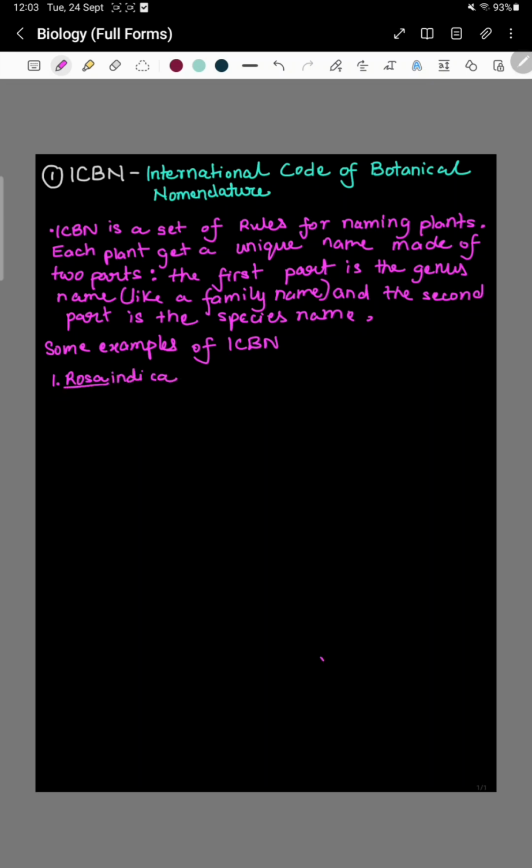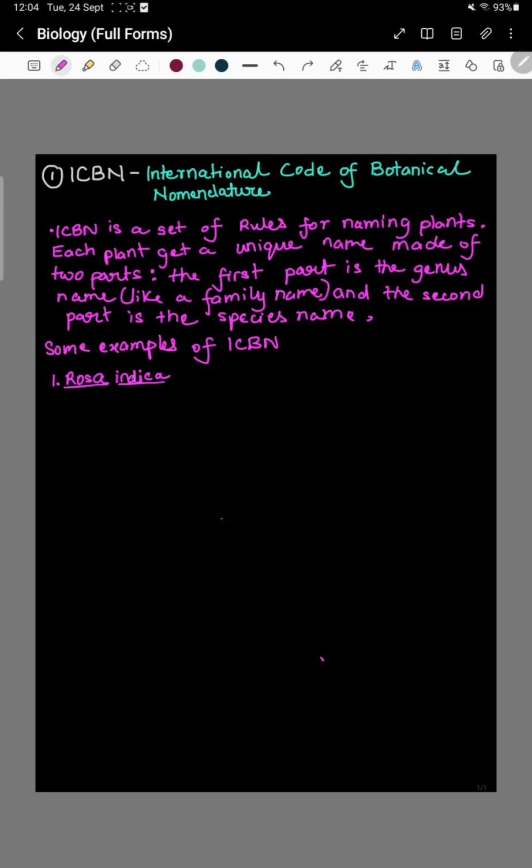You have to notice one thing: Rosa is the genus name. Write the first part with a capital letter, R. For example, Rosa. And this is the species name, indica.